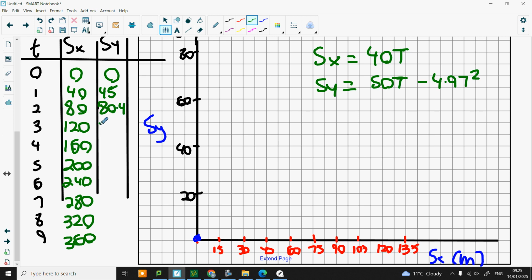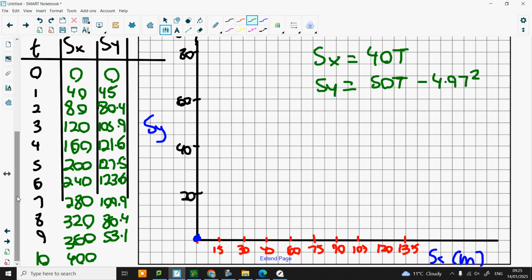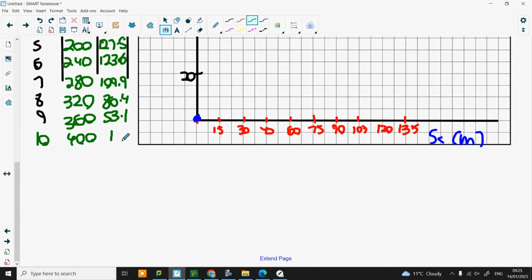The next one should be on its way down, I think. 86.4. Okay, let's go to 10 then. 400 and what? 10. And then finally 11, 440.